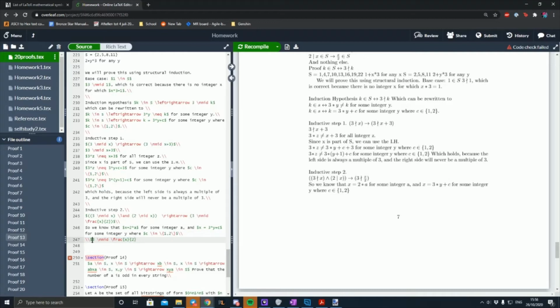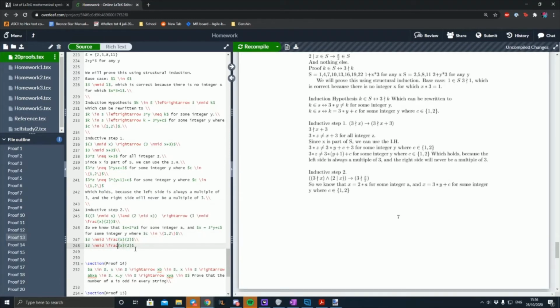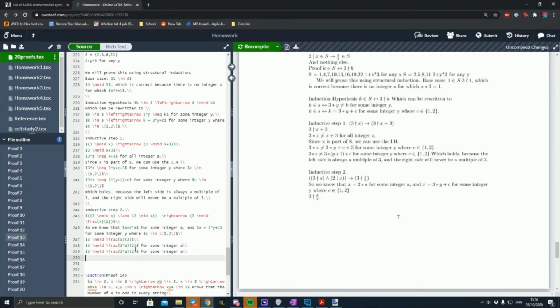So we can say, instead of x over 2, we can say 2a over 2 for some integer a. Then we can take away this fraction and we can say this is a for some integer a.